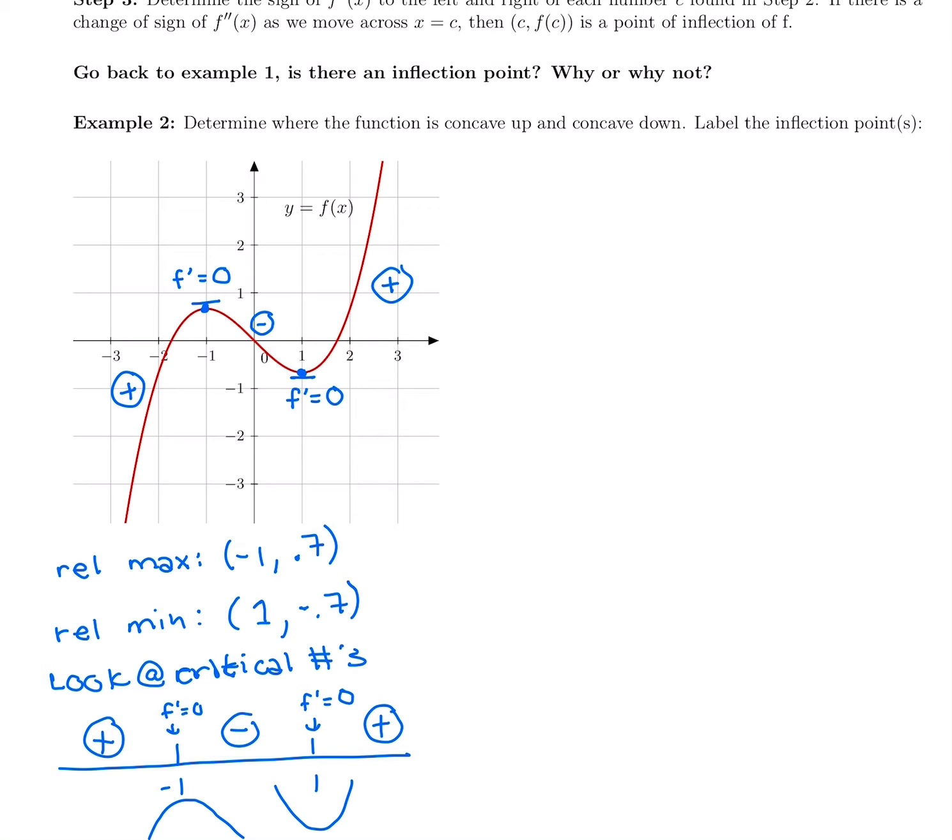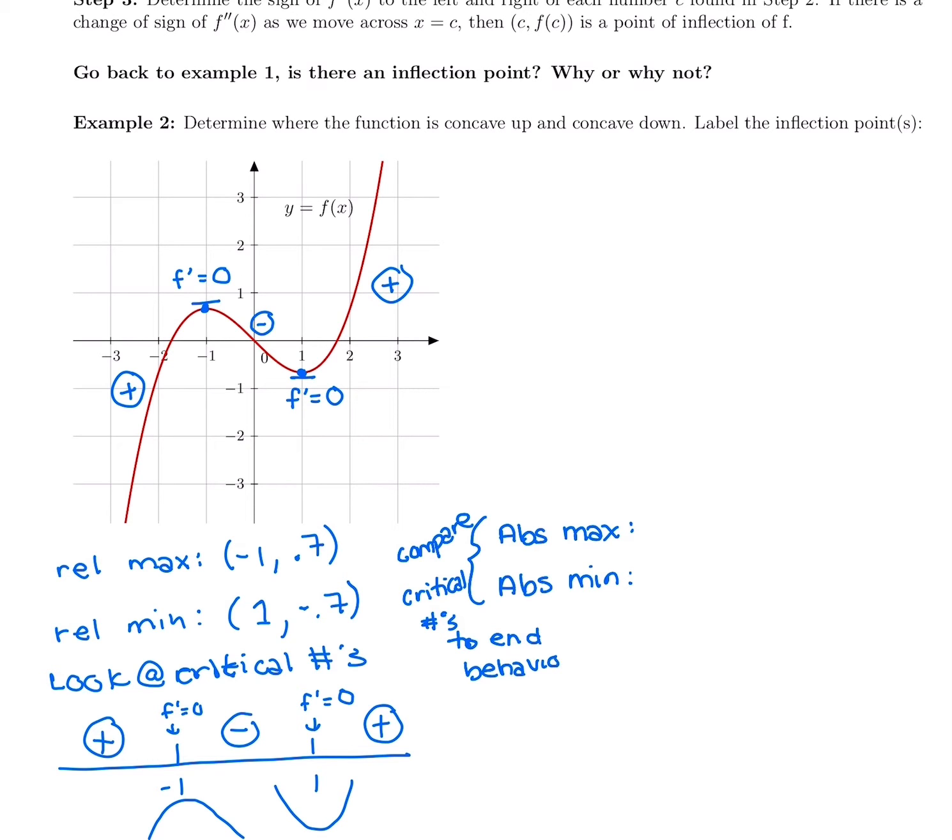So all you're looking for is sign change at a critical number, and that gives you relative extrema. Absolute extrema, absolute max and absolute min, you compare critical numbers to end behavior.